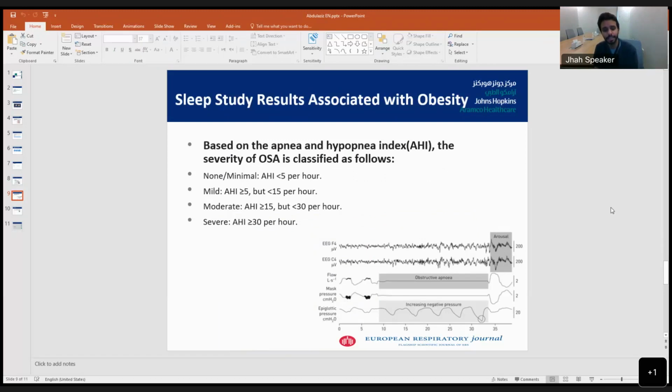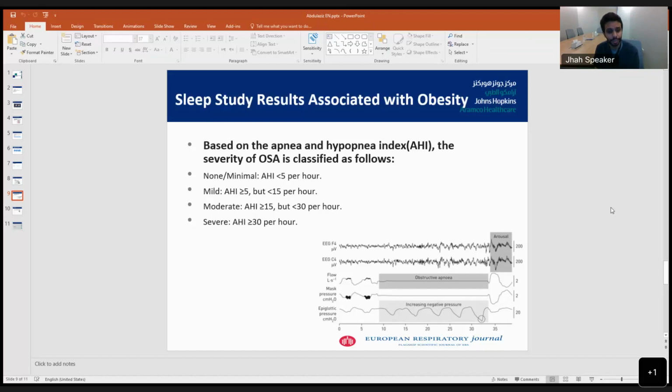So if the patient has fewer than 5 apnea or hypopnea events per hour, this is none or minimal. Mild if the index is between 5 and 15 times per hour. So if the sleep study shows that this patient has 5 to 15 events of apnea or hypopnea, we consider this one as a mild OSA.